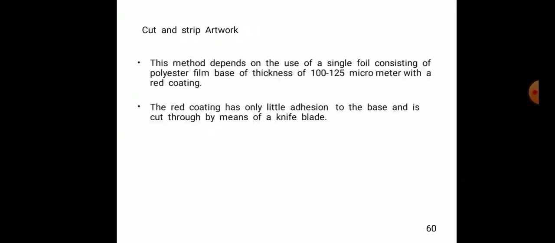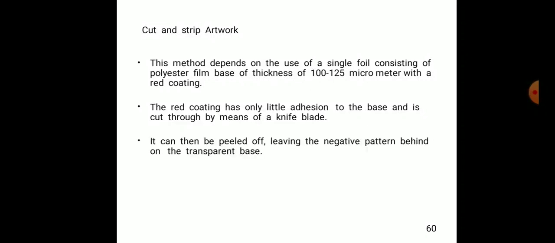The red coating has only little adhesion to the base and is cut through by means of a knife blade. That's why it is called a cut and strip artwork. It can then be peeled off, leaving the negative pattern behind on the transparent base. The artwork is done on a 1:1 scale.